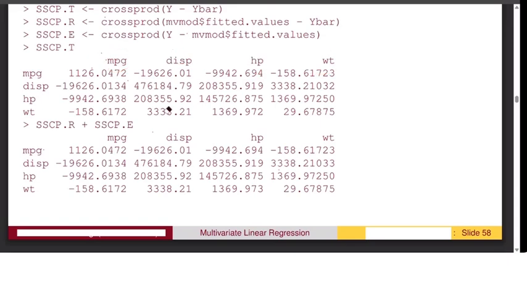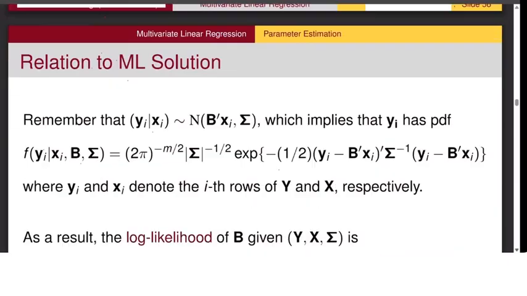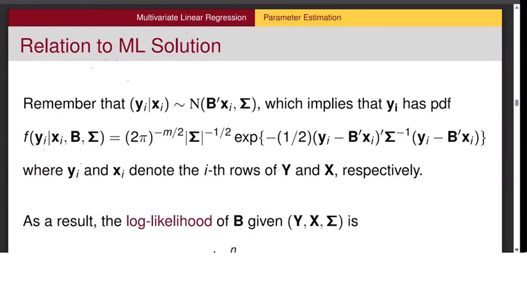Now, we want to move on. We also want to have a way to estimate our parameters in the multivariate linear regression using the method of maximum likelihood. You remember we did the same for a single response. And I've shown you how you can use the method of ordinary least squares.